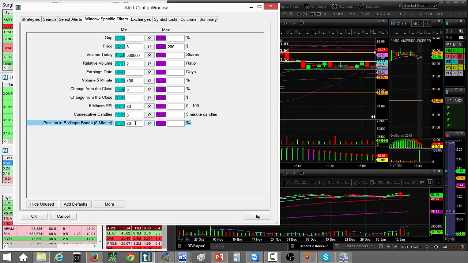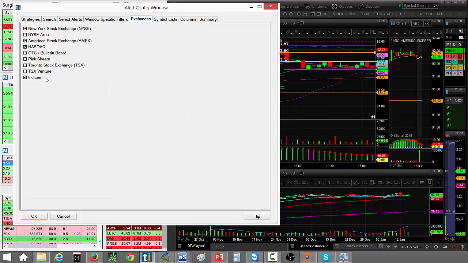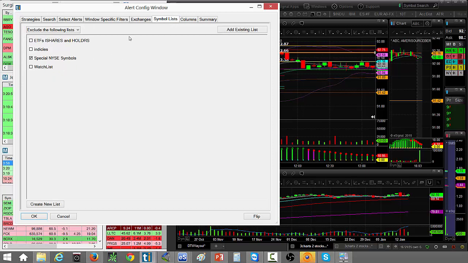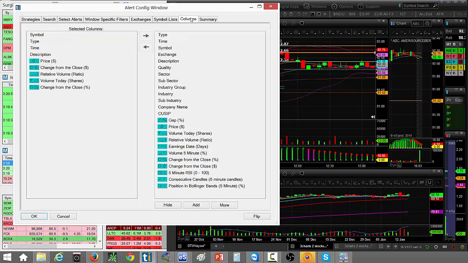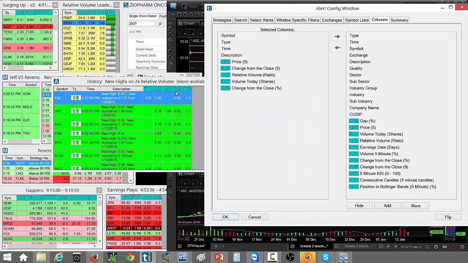All right, so symbol list, we can go to exchanges. I'm going to have NASDAQ, NYSE, and Amex highlighted. Symbol list, you don't have to mess around with that. Columns, these are going to be the actual columns of the scanner right here.